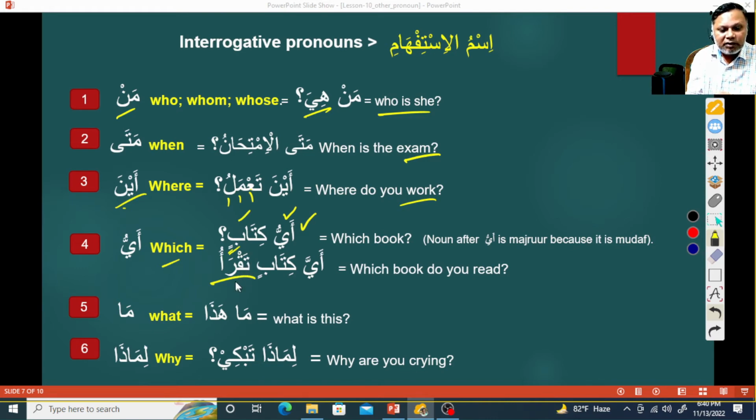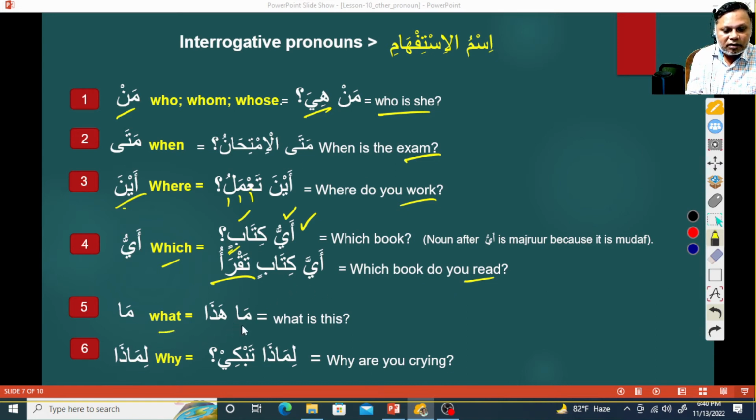Takra'u is similar to yafalu, tafalu. You remember the conjugation again. From fa'ala it becomes taf'alu. Takra'u means you read. And ayya kitabin takra'u, which book do you read?